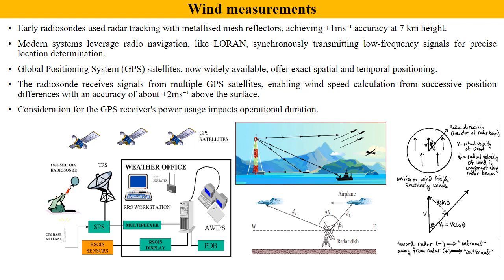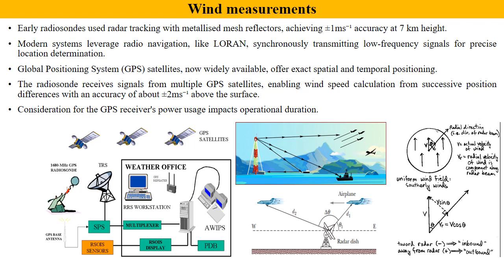The radiosonde receives signals from multiple GPS satellites, enabling wind speed calculations from successive position differences with an accuracy of around plus or minus 1 to 2 meters per second above the surface. Consideration of the GPS receiver's power use impacts operational duration, so we need to make some considerations here as well.